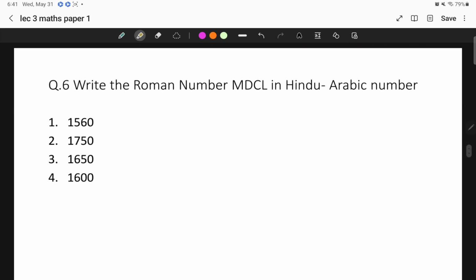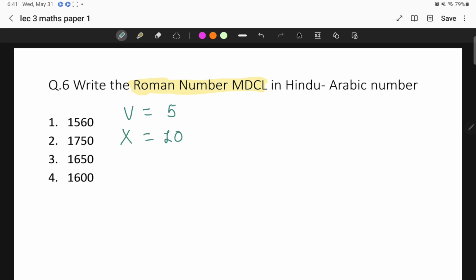Here, write the Roman number MDCL in a Hindu Arabic number. We have to understand what MDCL is first. Whenever we talk about the Hindu Arabic number, V stands for 5, X stands for 10.